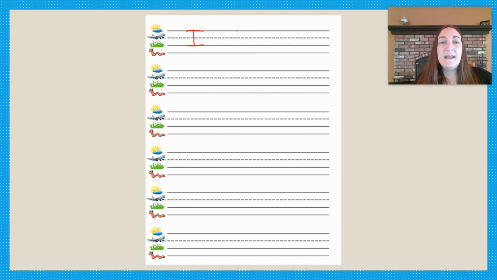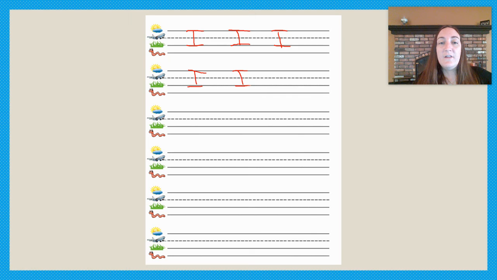If Mommy or Daddy has a highlighter and they want to write the I's on here for you, you can trace them on this line. And then you can write them again or trace them again on this line, with a highlighter, or brother, sister, grandma, grandpa, anyone that's there to help you will do just fine.